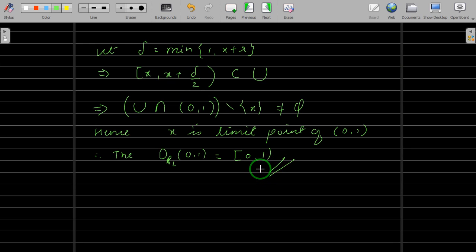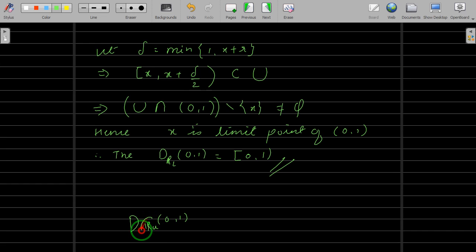Okay, I hope the example is very clear. In the next video also we will see one example wherein we will see what is the derived set for the same set. We will take the same set, open interval (0, 1), and we will try to find the derived set of this set in R with usual topology, and then you can see what is the difference.